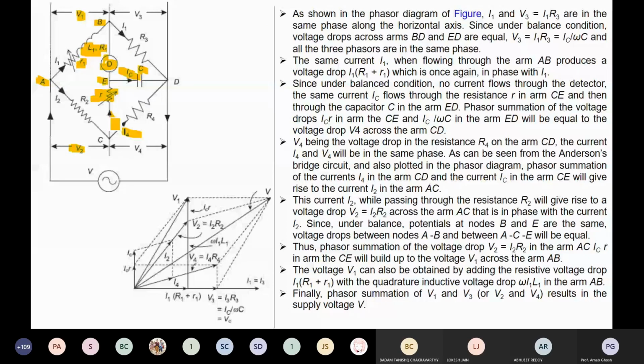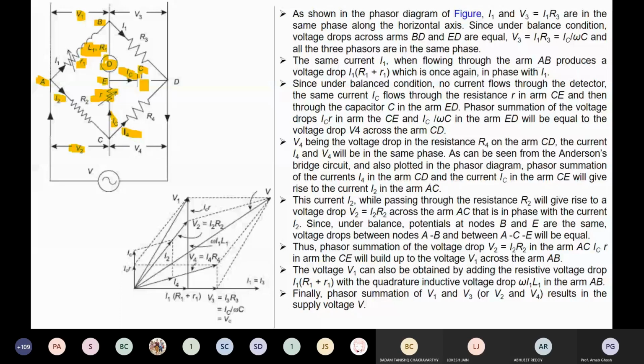So what is the value of IC? The value of IC is J omega I1 R3 C. How do we get that value? R and C are in series, so it is R plus 1 by J omega C, in parallel with R4.